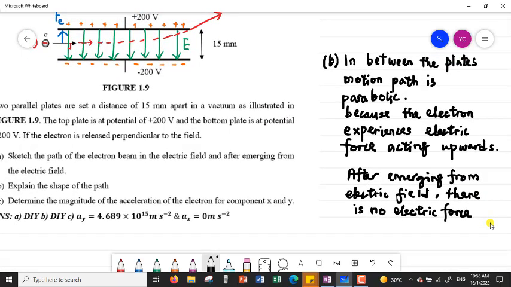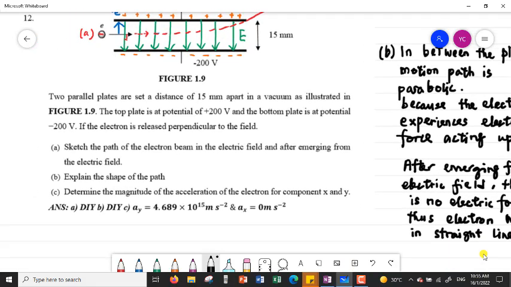Thus, the electron will move in a straight line. It will continue to move in a straight line. Okay, so we have explained the motion path that we draw for question A.